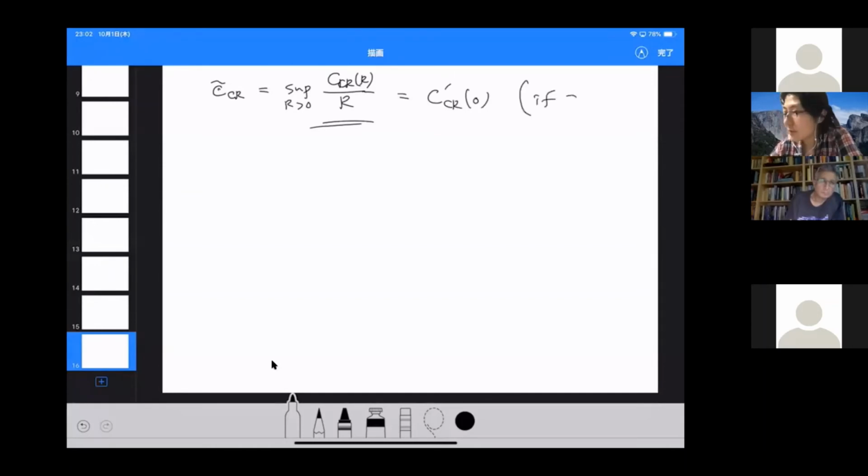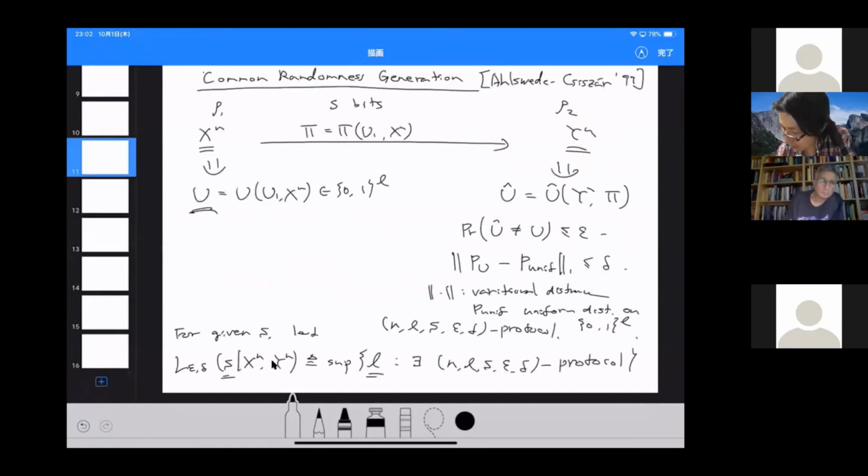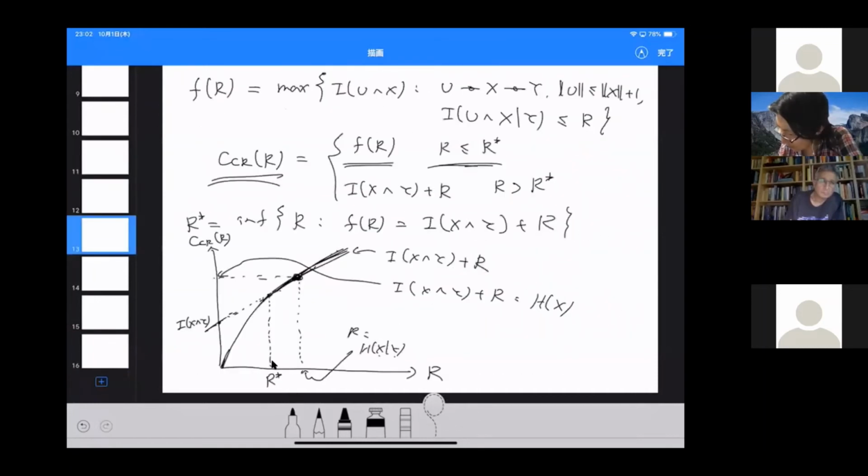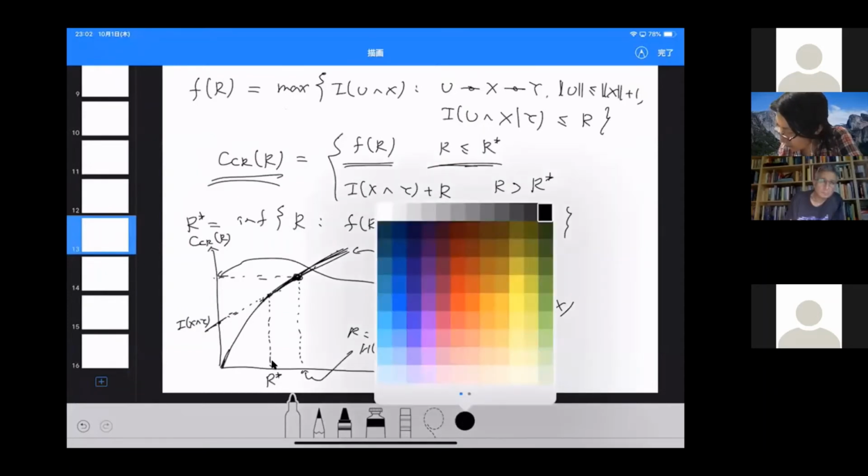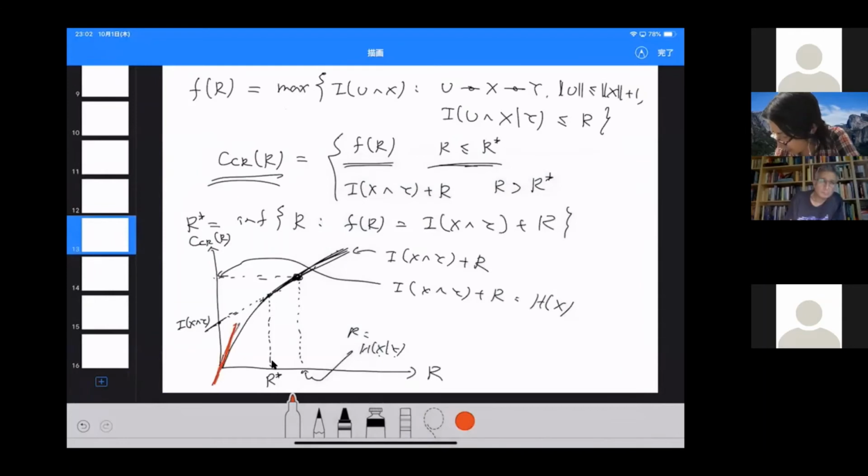The common randomness capacity is 0 at rate 0, so the CS formulation is characterized by the slope of this curve at r equals 0. Okay.